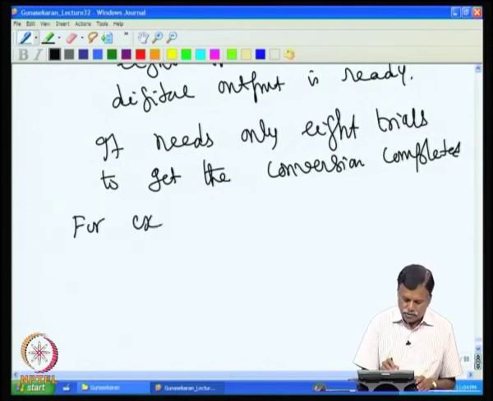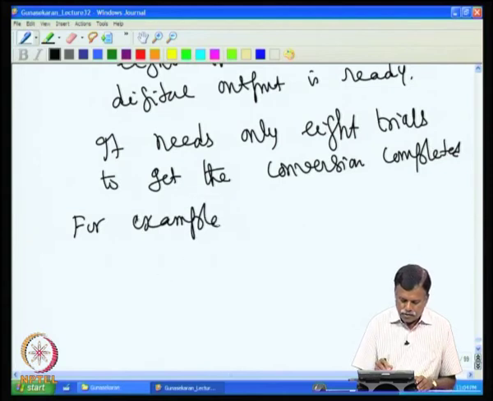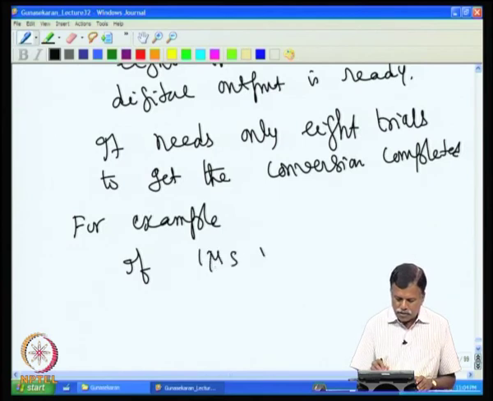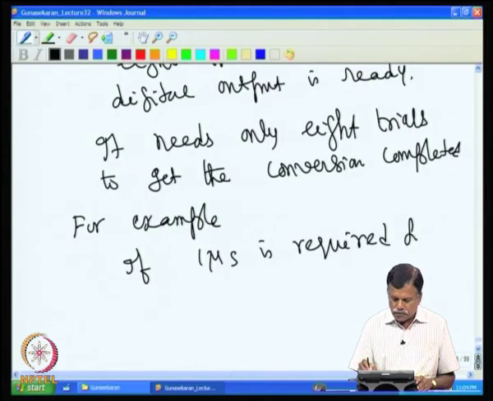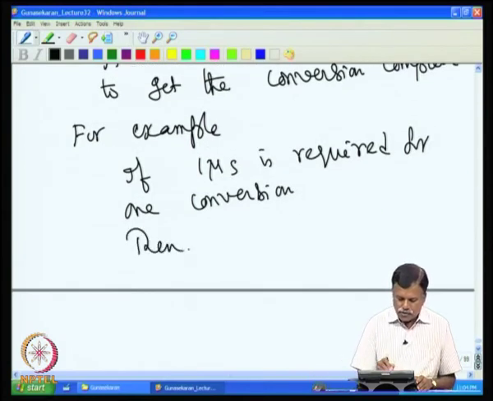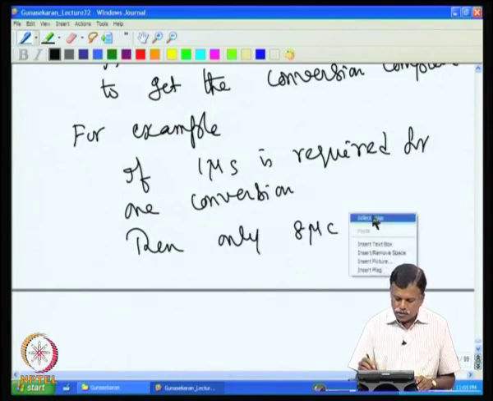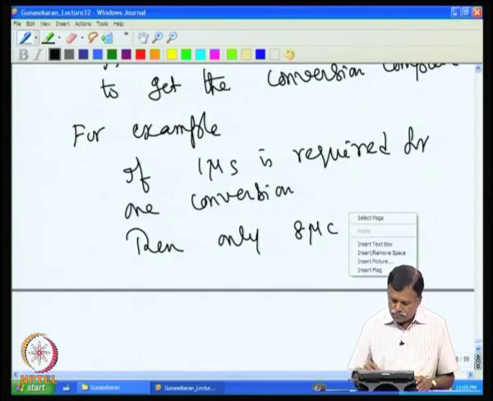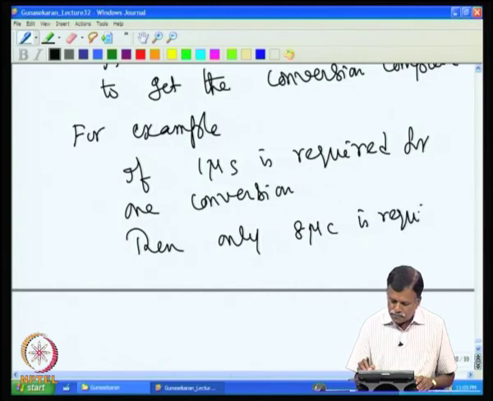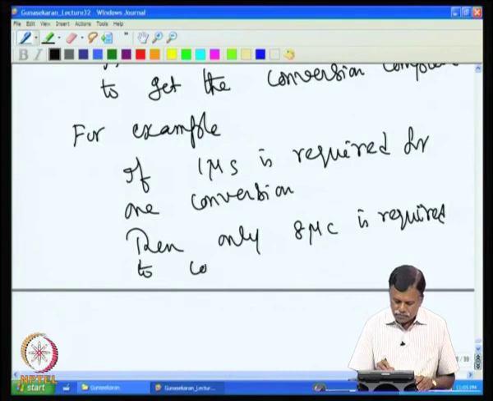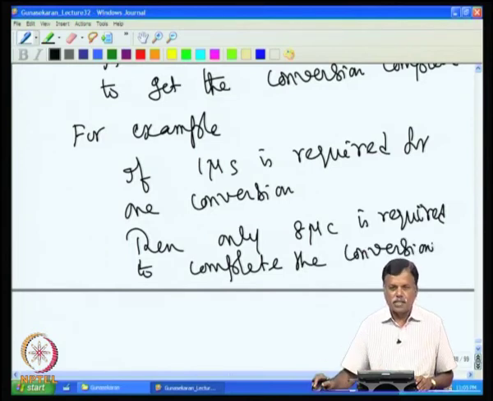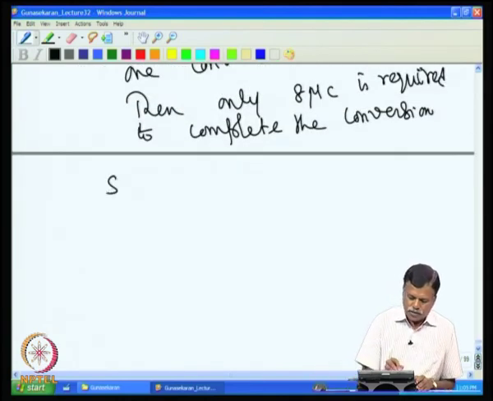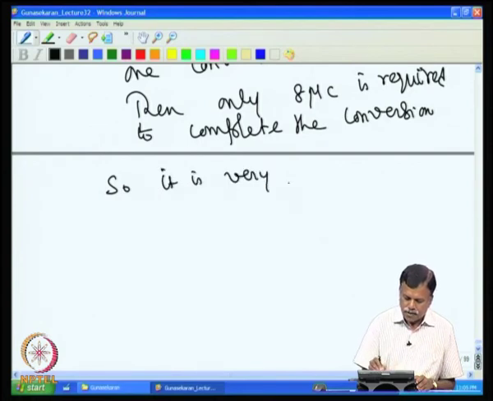For example, if 1 microsecond is required for one conversion, then only 8 microseconds is required to complete the conversion. That is why it is very fast.